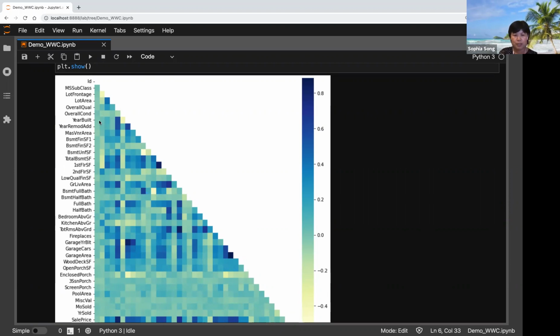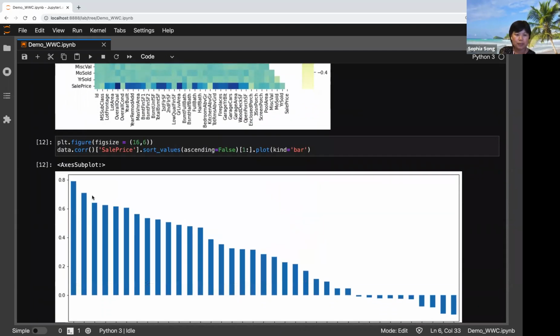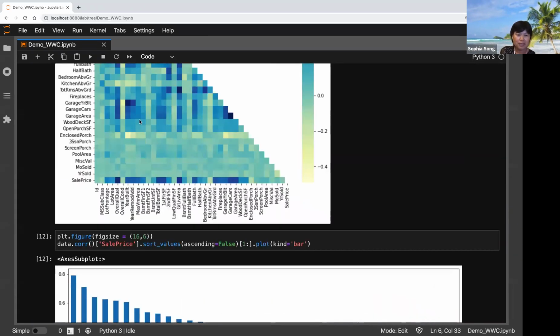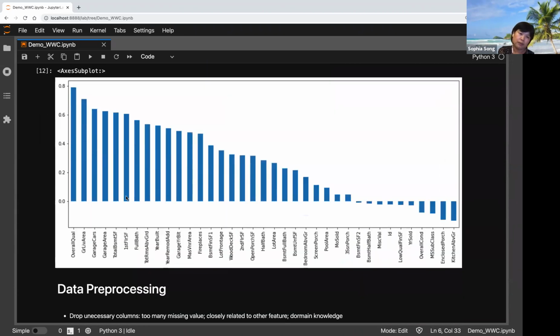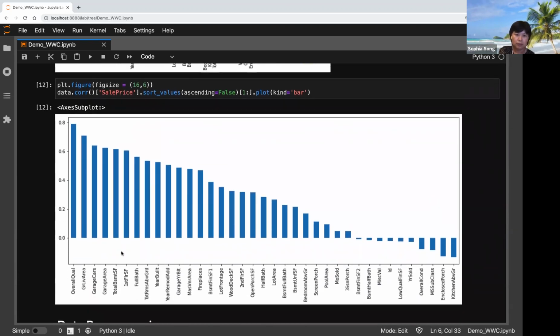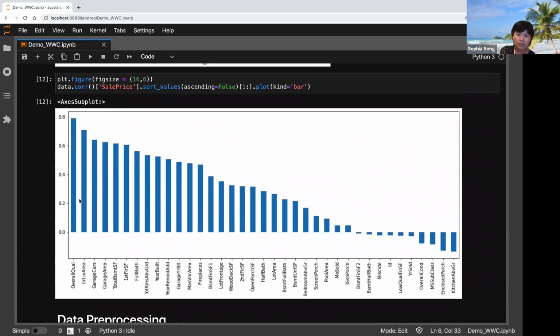Based on this correlation score, we can sort to understand which feature is the most important to affect our sale price. Different variables have different relationships with the target variable.